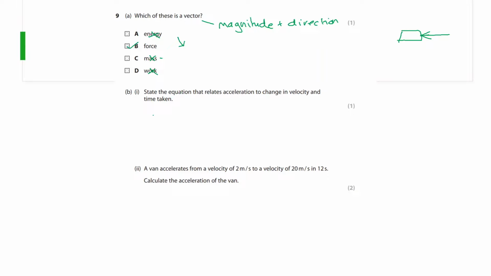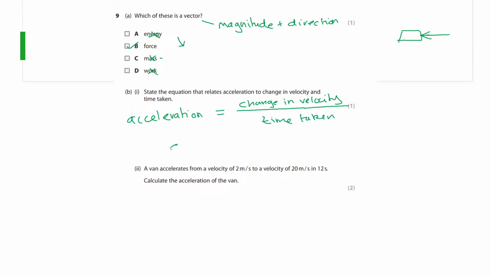State the equation that relates acceleration to change in velocity and time taken. You don't even have to remember this, because if you think about what acceleration is, you can work it out. Acceleration is change in velocity over time taken. Writing that in words will give you a mark.